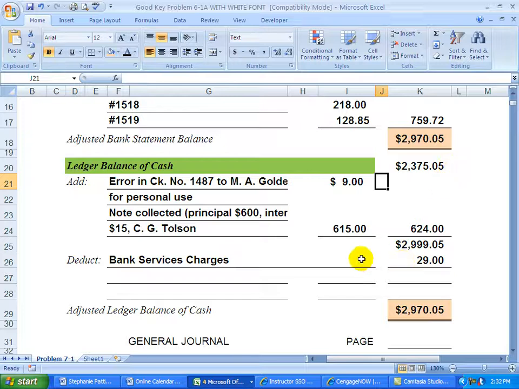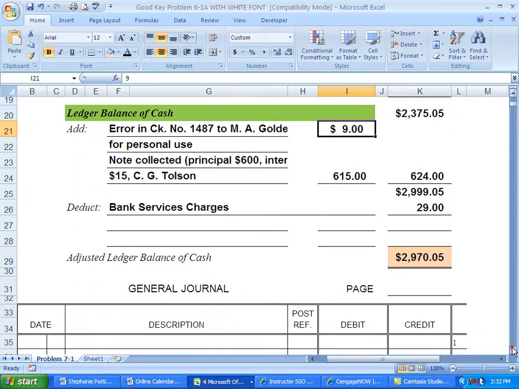So we're going to have to do something with this $9 and this $615 and this $29. And in order to do that, you can't just go to an account and start writing in numbers. You first have to make a journal entry in the general journal.